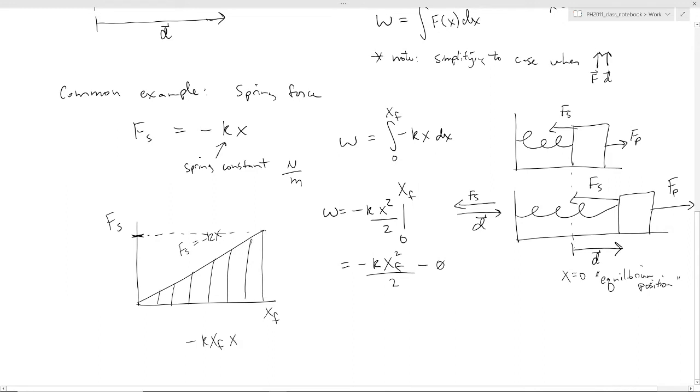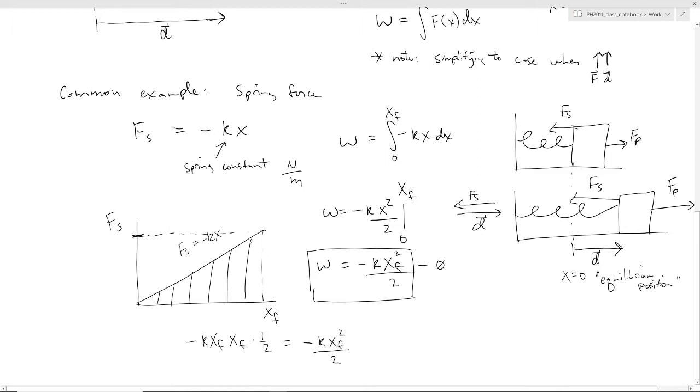Times x final. So that would give you the area of the whole rectangle, times 1/2 because it's a triangle. So notice this would be negative kx final squared over 2. So it's a graphical way of showing the same result, the work done by the spring.